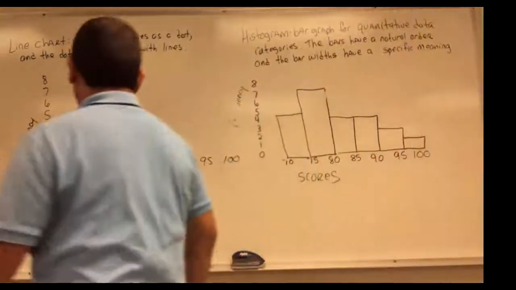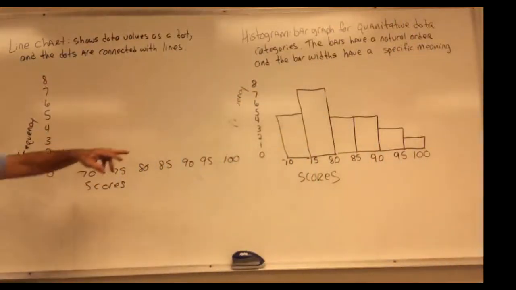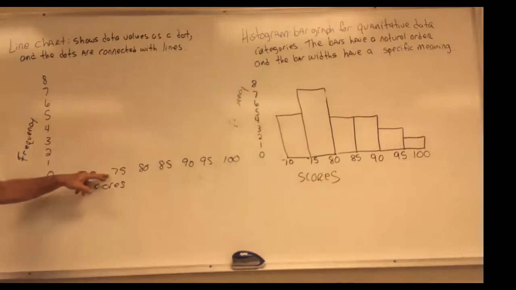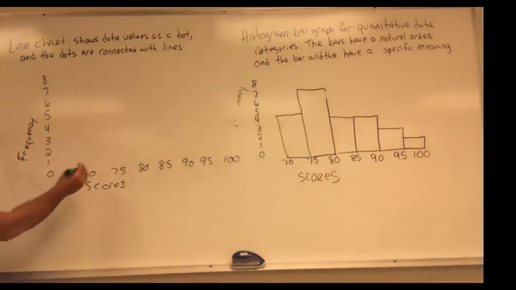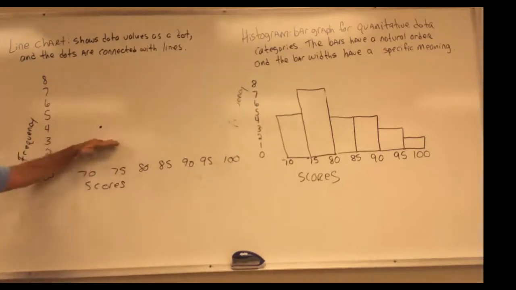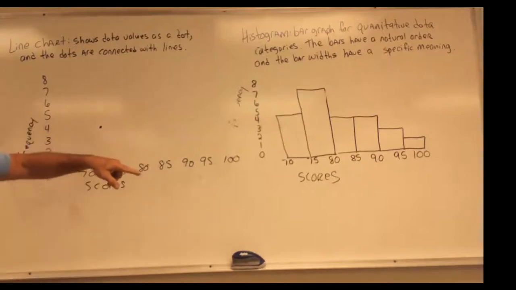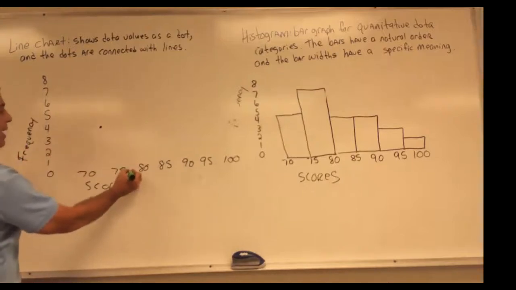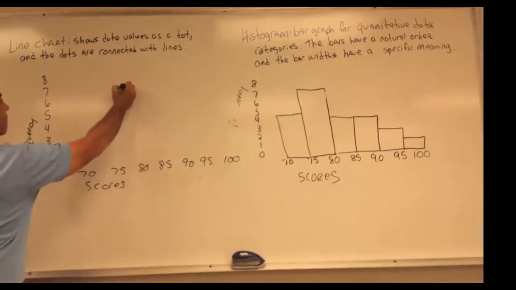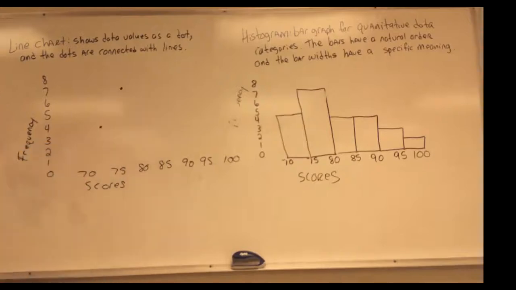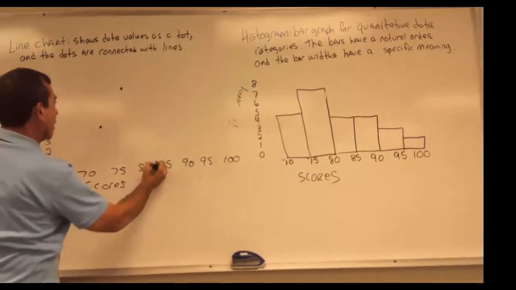Now, watch how I put my dots. So the first range between 70 and 75 had 4. So I'm going to go in between these two and put a dot at the 4. So that I know it's in between 70 and 75 and has a value of 4, right? In between 75 and 80, I was up to 7. All right, 80 and 85, I had 4.